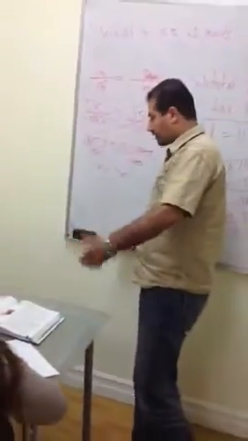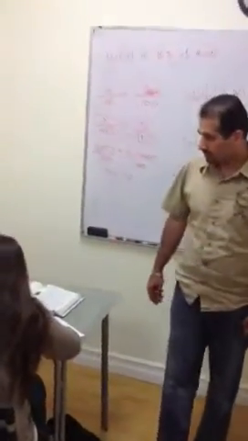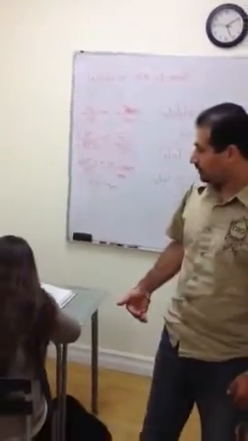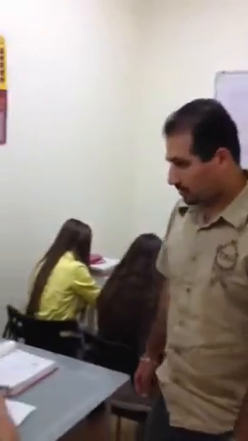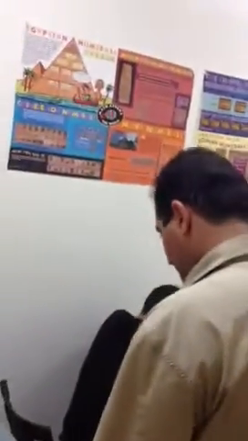So if you have 6%, that means 6 out of 100. Use the calculator for the calculation, so it's fine.